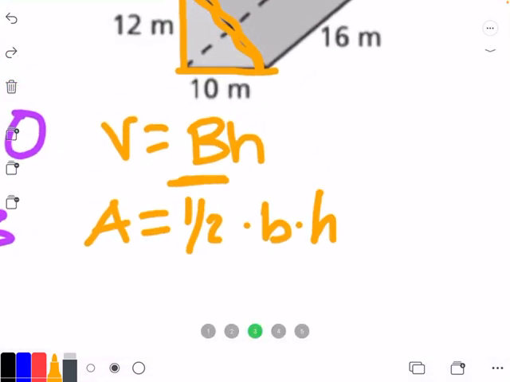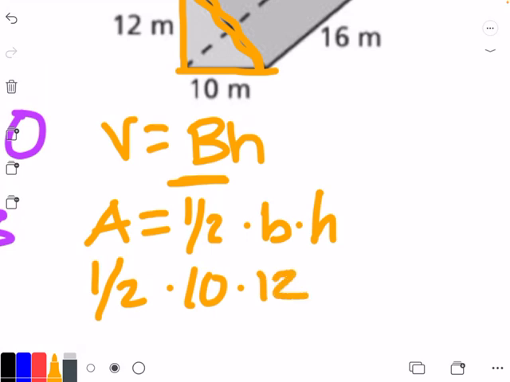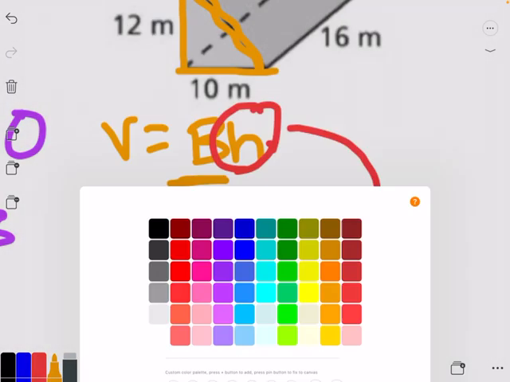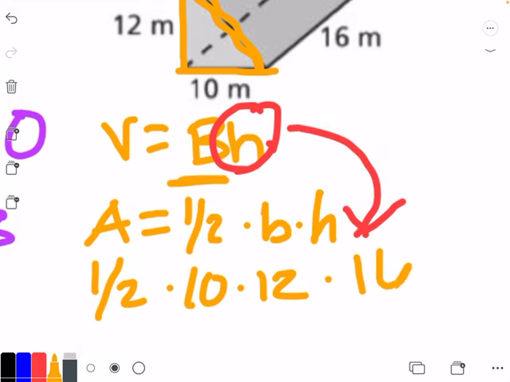So our base is 10, so that would be 1/2 times 10 times 12. And then when we're adding our other height, that would be times 16.